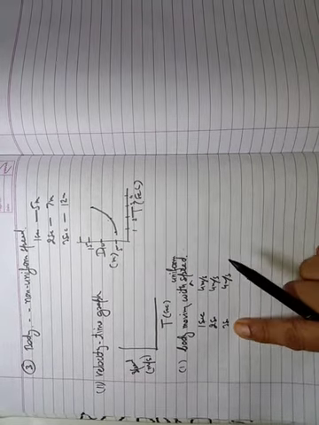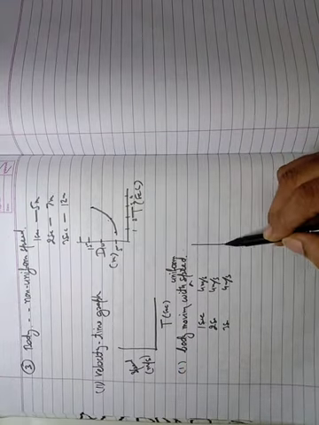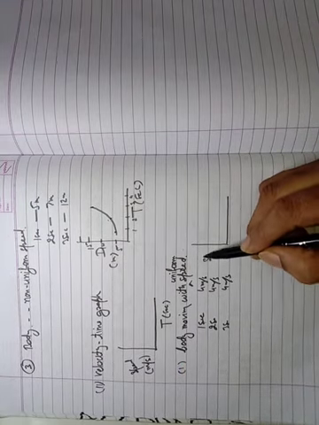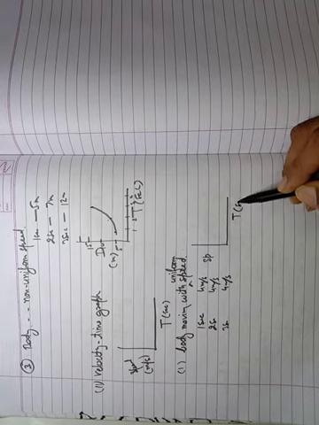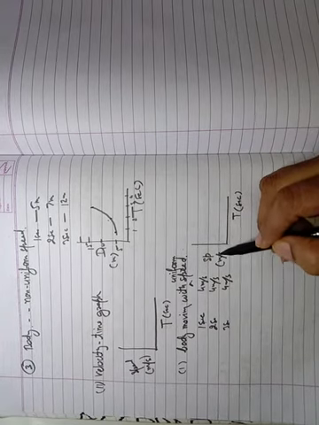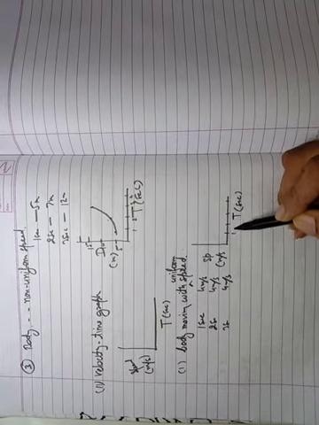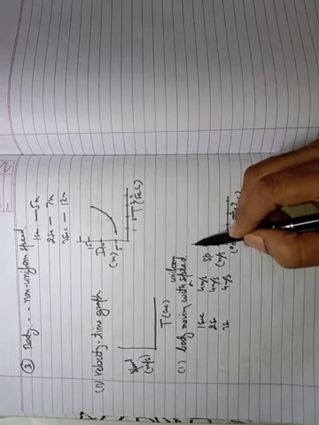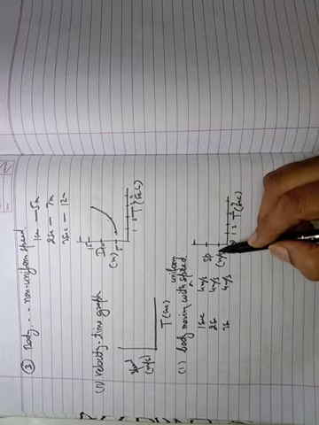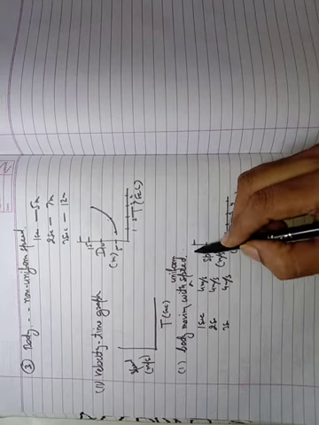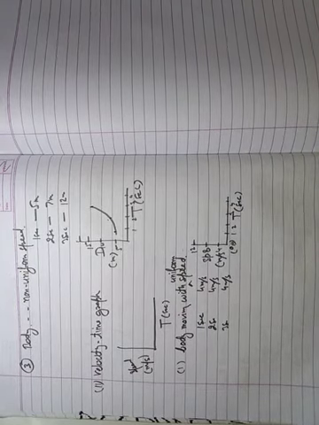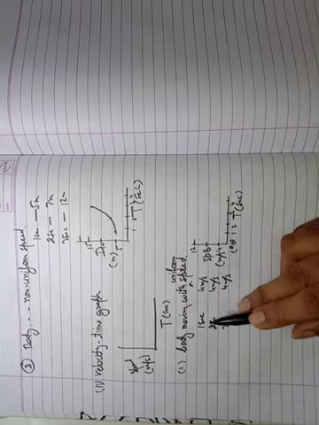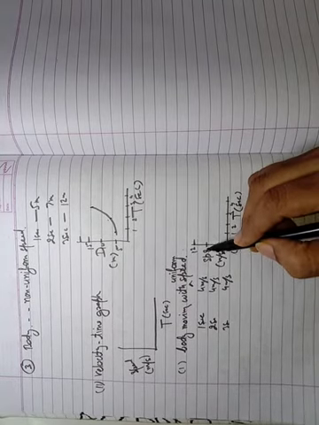If we represent it on the graph, what type of graph will it be? Here time is in seconds and speed in meter per second. 1, 2, 3, 4 on both axes. This is 0, 0, the origin point. The speed values can be 4, 8, 12, or you can use 2.